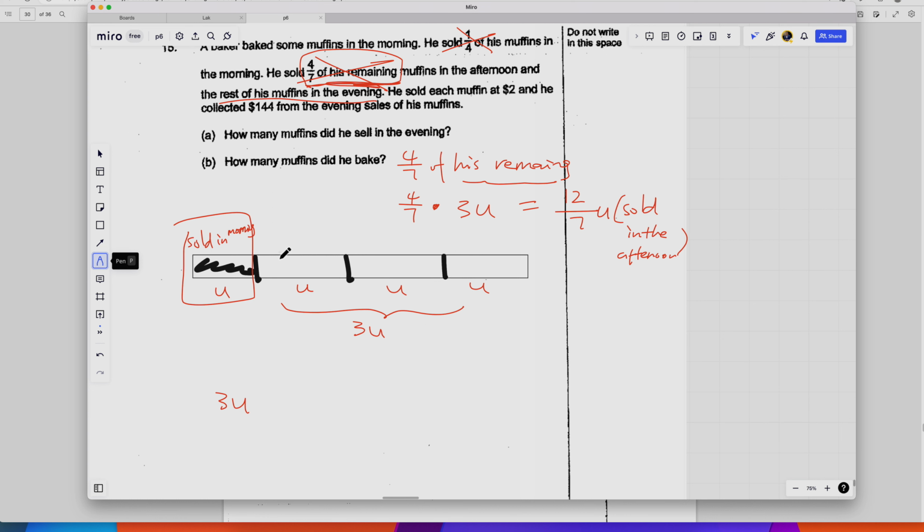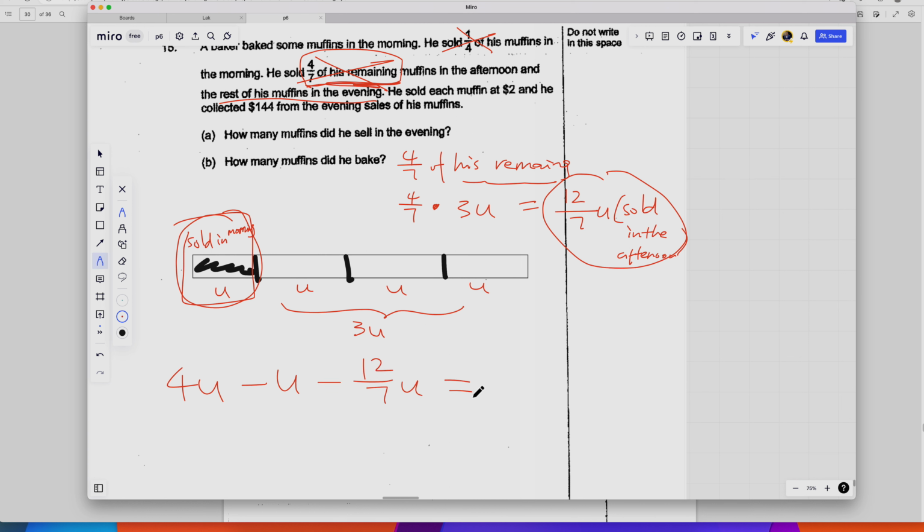So what's the rest? You have this one sold in the morning. You have this one sold in the afternoon. What's the rest? How many you start with? 4 U. So in the morning, minus 1u. In the afternoon, minus 12 over 7u. This will give you the rest. Right? So you use the calculator, 4 minus 1 minus 12 over 7.